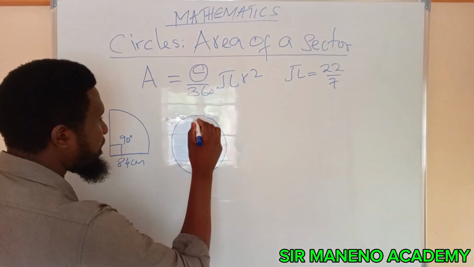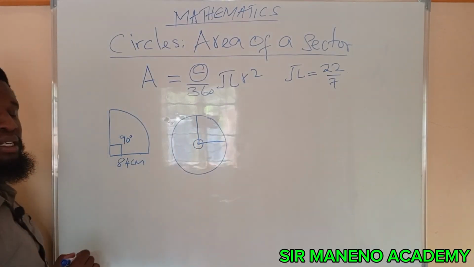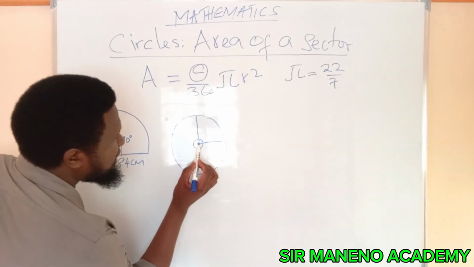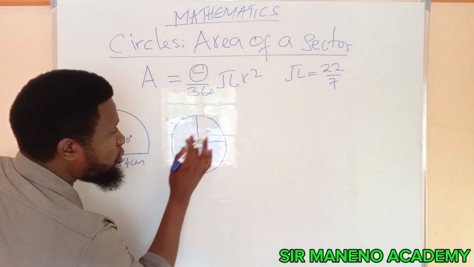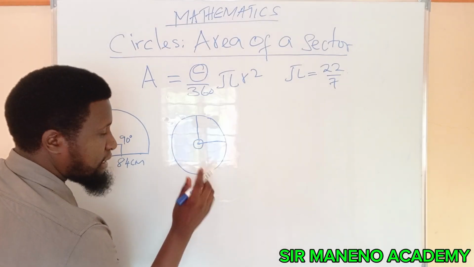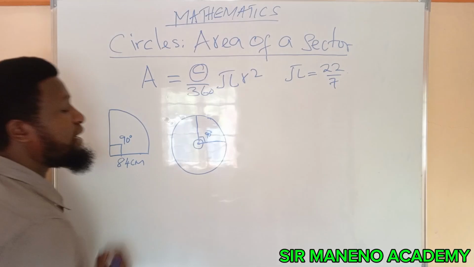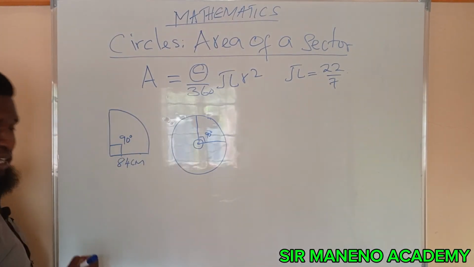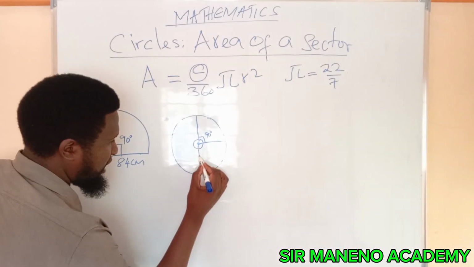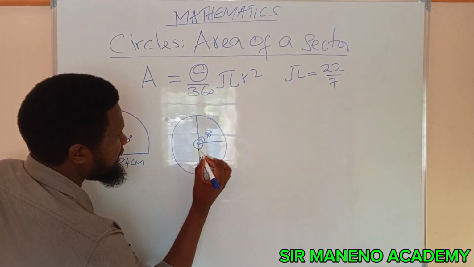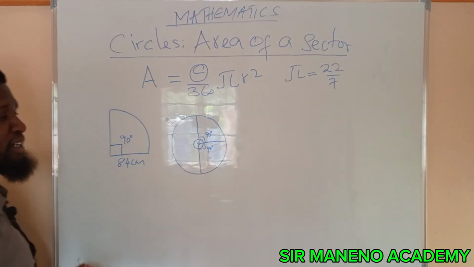So if you take a quarter of this circle like this, since all of this angle here is 360, a quarter of 360 is 90. Are we together? So you can also do that. So if it is a half of the circle, then the other 90 degrees will be here. So this is 90 degrees.